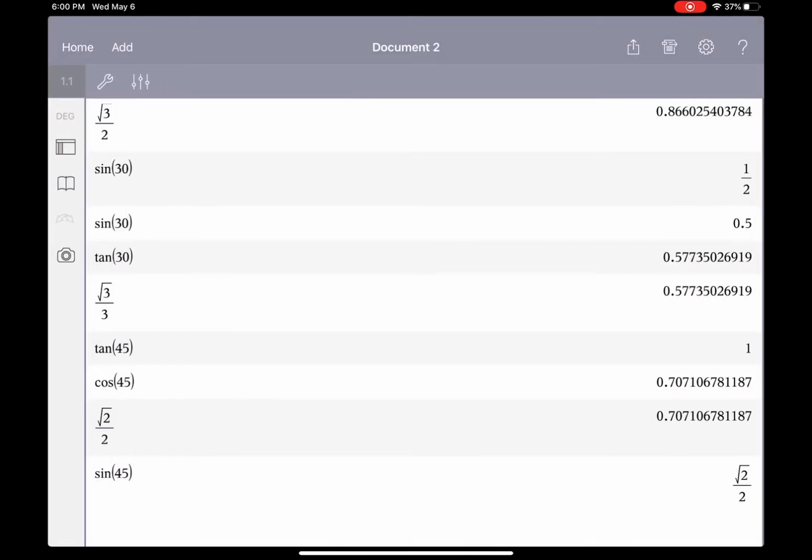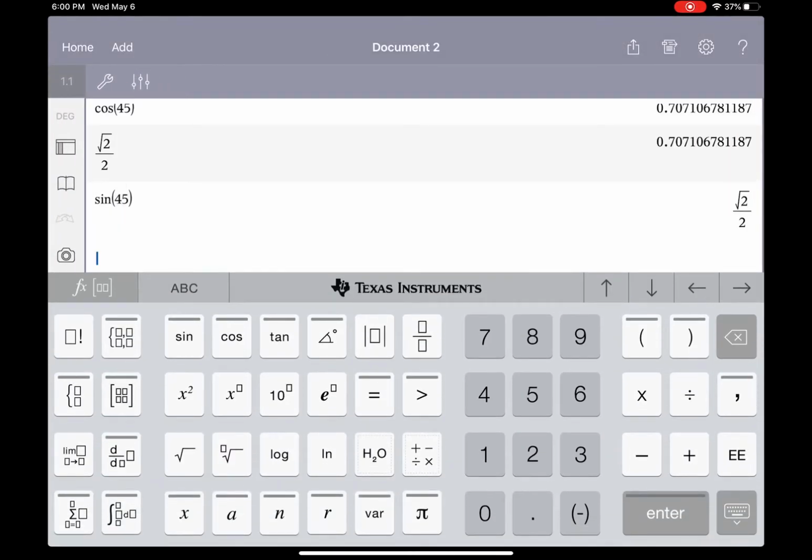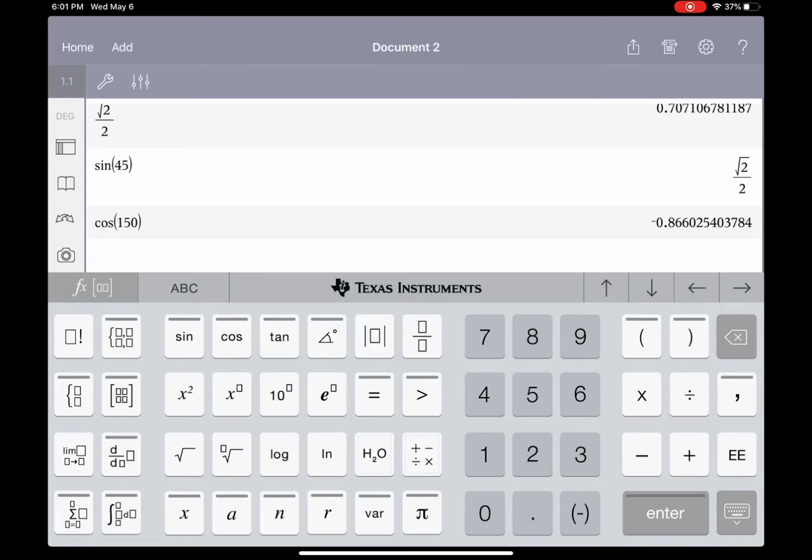Okay, back over here. So we said we're going to take the cosine of positive 150 degrees. It's negative 0.8660, and remember that's the same thing as negative square root of 3 divided by 2.